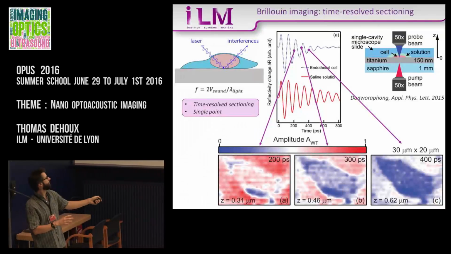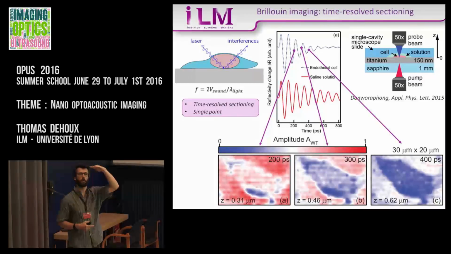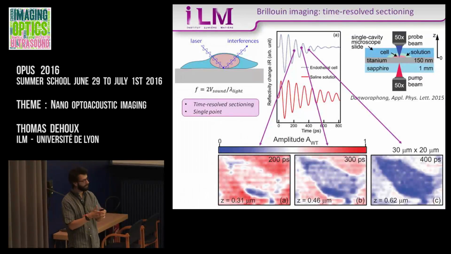So you have 3 images at different times, because each time corresponds to a specific location of the acoustic wave inside the cell. So if I look at the amplitude of the oscillation at, say, 200 picoseconds after the excitation, in this image, I'm somewhere 300 nanometers away from the metallic surface.